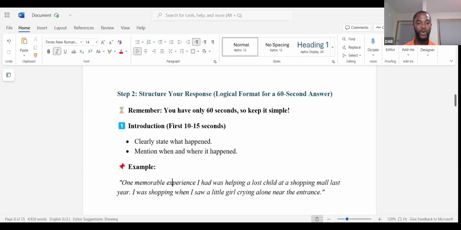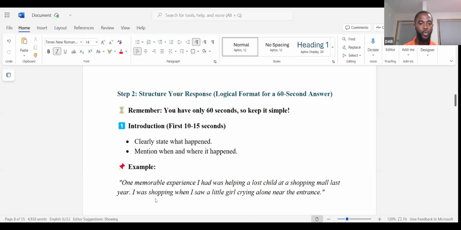So you clearly state what happened. You mention when and where it happened. So you have when, who was involved, where it happened, and then how it happened.